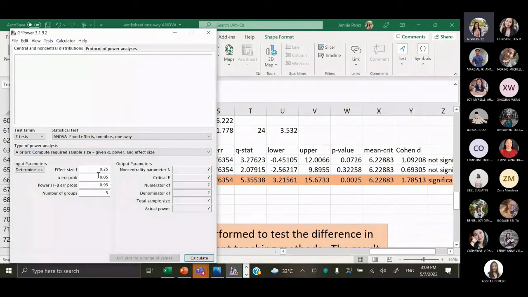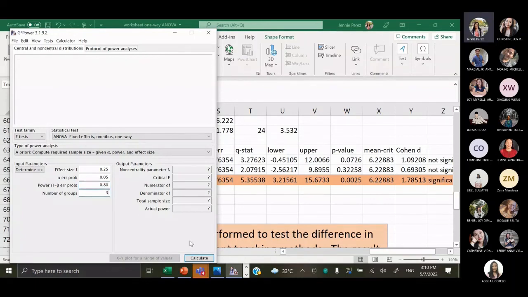Let's say you want to determine the number of samples with a medium effect size. So, dito siya. Kita nyo, lalabas yan. Small effect size would be 0.10. Medium effect size would be 0.25. And a large effect size would be 0.40. And you set your alpha level at 0.05. And say, for example, you set your power at 0.80 because that is the standard, and your groups would be 3.